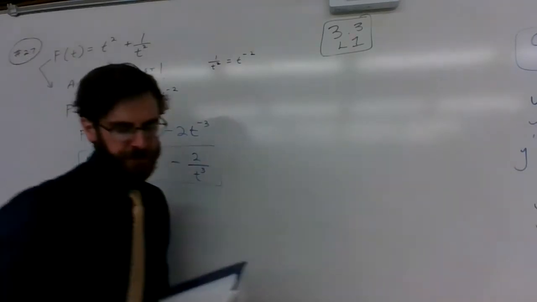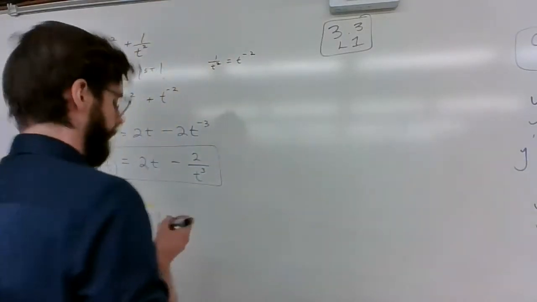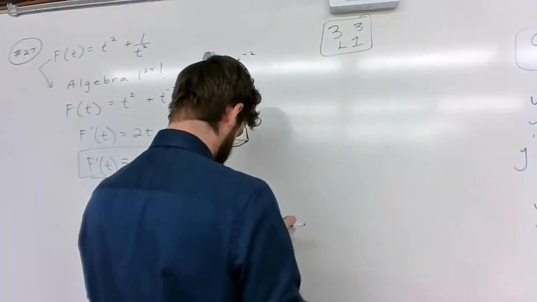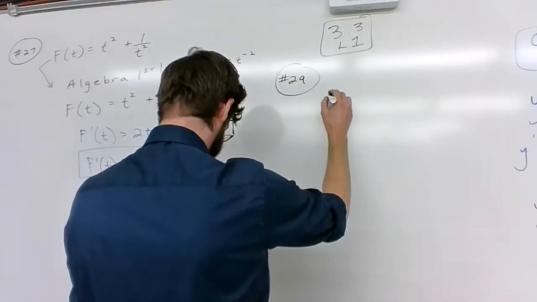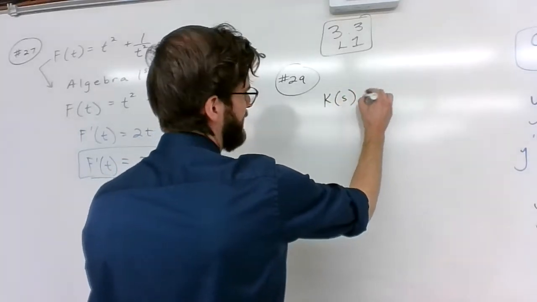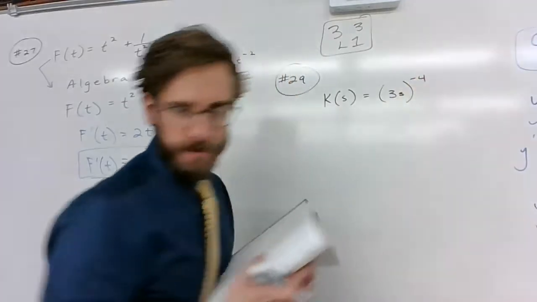All right, what else did you guys want to see? Number 29. The function k of s is 3s to the negative 4 power.